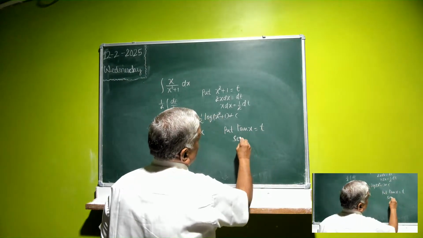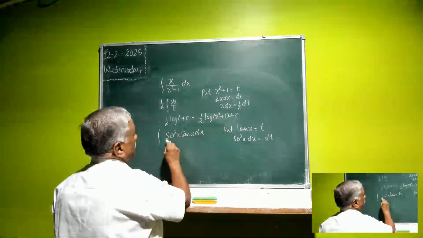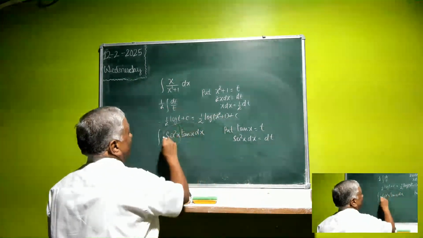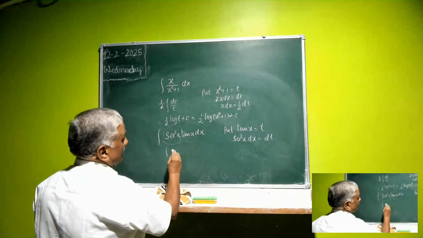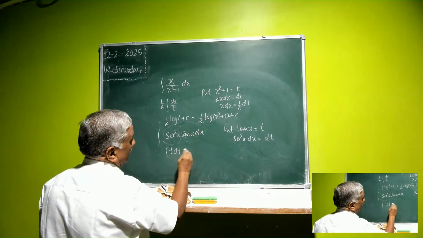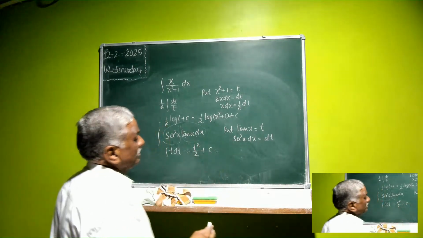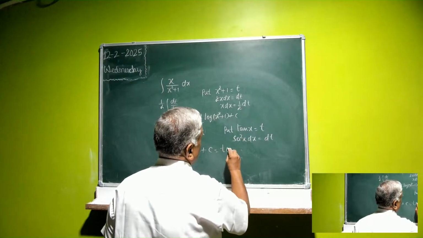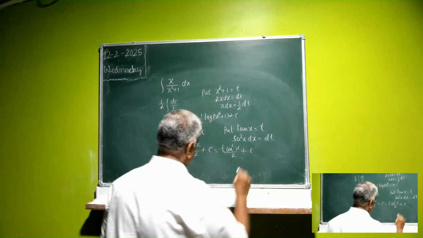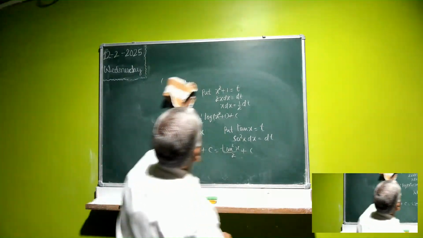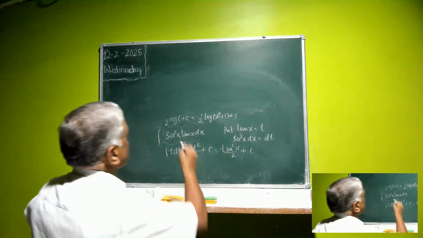You get secant square x dx equals dt. So secant square x dx is dt, tan x is t, you get t dt, that is t square by 2 plus c. What is t? tan x. So tan square x by 2 plus c.